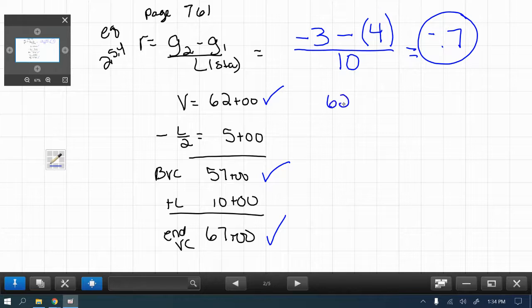If you're not sure how to do this, you do 62 minus 1,000 divided by 2, which is 500, and you get 5,700. Just know the plus goes 2 decimal places over. So that would be 57 plus 00.